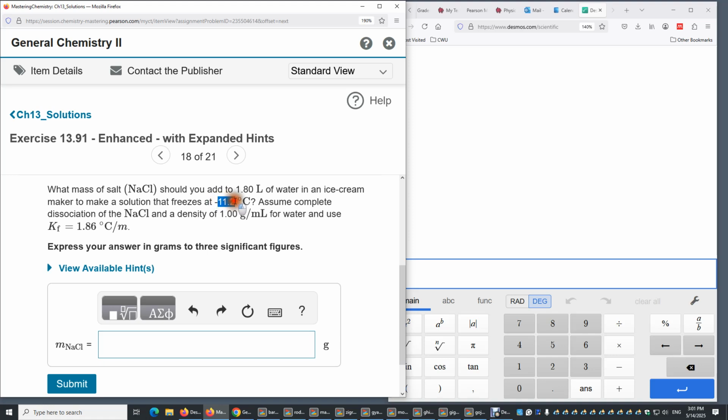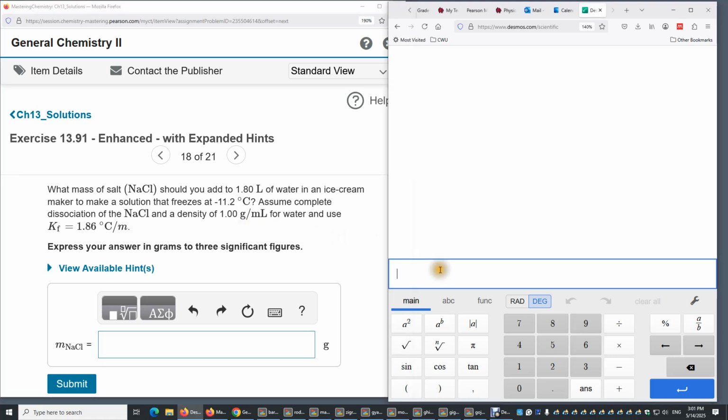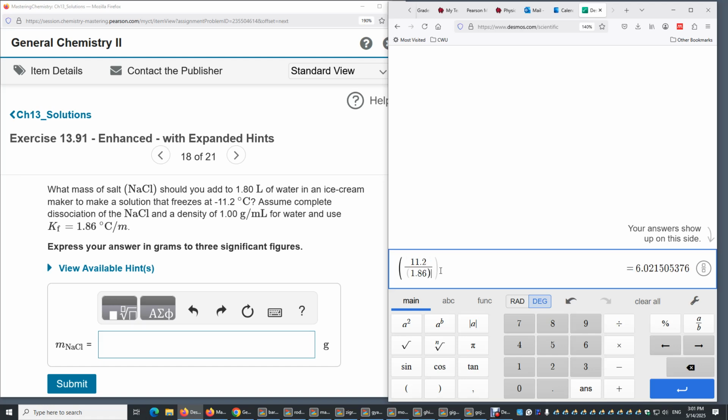So given this freezing point depression and this freezing point depression constant, we can easily calculate the molality, which is simply 11.2 divided by 1.86.